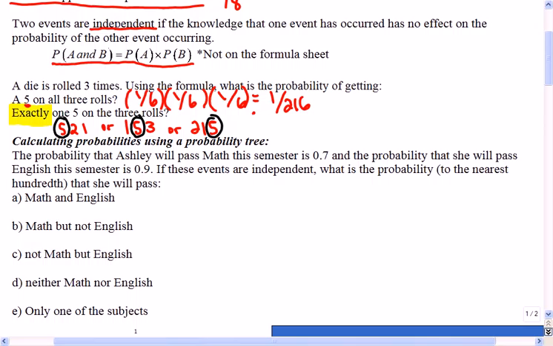So I want the probability that the first one is a 5, that's 1 out of 6, and then the other two are not. So that's 5 out of 6, 5 out of 6, that it's not a 5, not a 5. Okay. The next thing that could happen is I roll on my first try, it's not a 5, but the second one is a 5, and then the third one is not a 5.